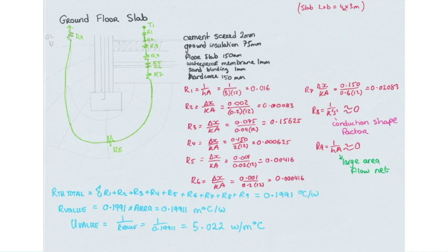So then our R value is 0.19911 meters Celsius per watt. And then we can get our U value by putting 1 over our R value, and here we see it's 5.022 watts per meter Celsius.